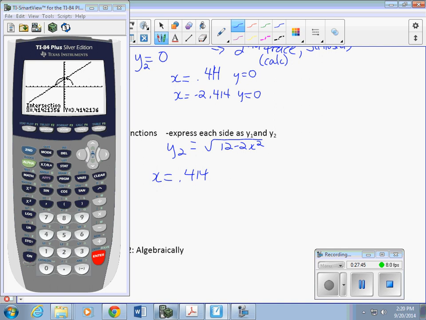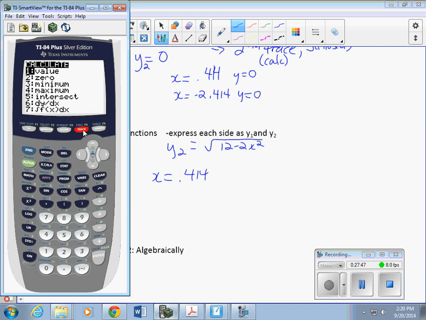So let's try it for the other point. And do my intersect again. I need to move over because I want to get closer to the curve on the left side. So enter. Okay, second curve. Enter.